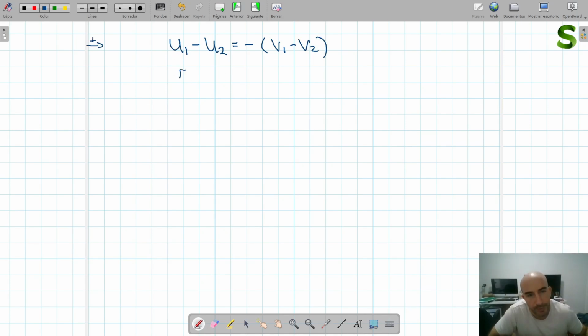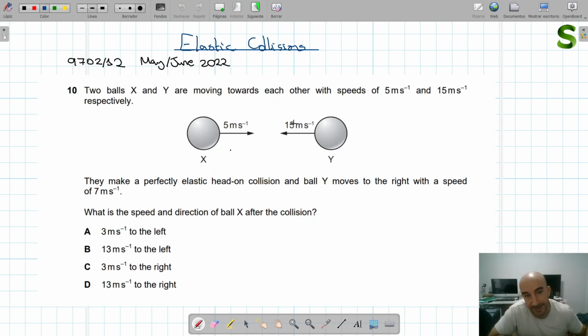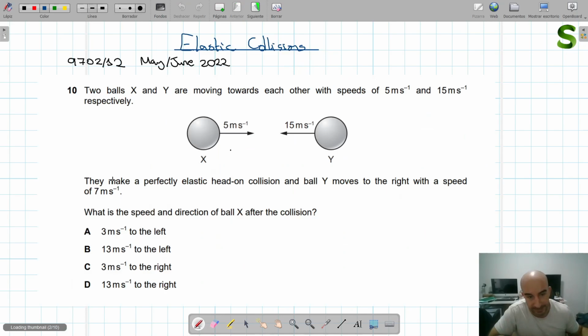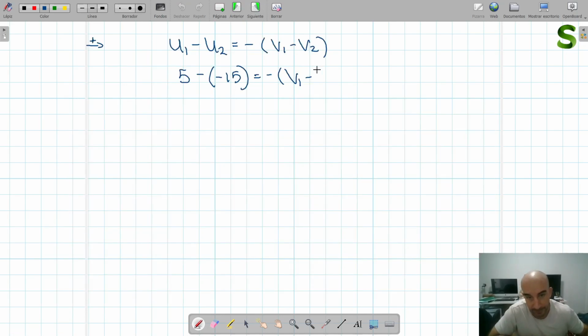So U1 was 5. We've considered positive to be the right direction, so this 15 is negative, so I'll have to do minus 15, equals minus V1, which is what they're asking for, minus V2, and V2 is 7 to the right, so that's positive.